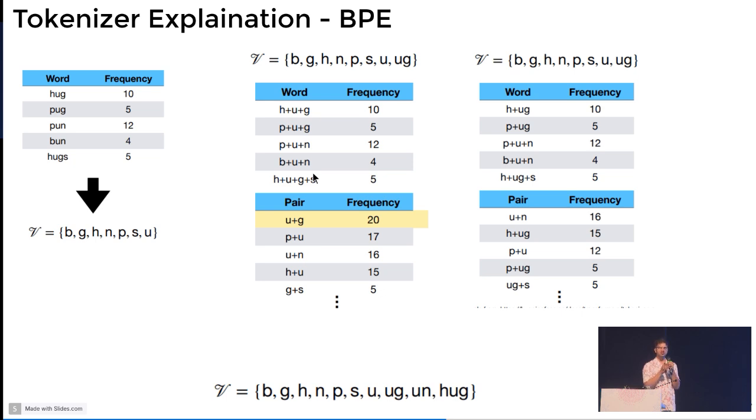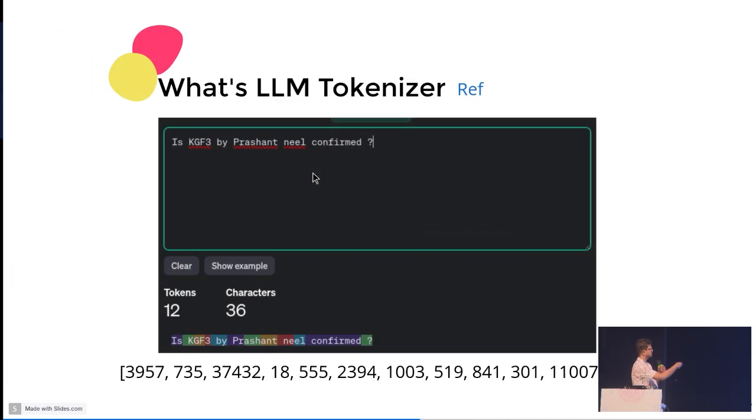When you have 50,000 elements in your vocabulary, you stop. Each element in that vocabulary gets one number, which starts from 1. So B gets 1, G gets 2. This is what you see here. So 3957 is nothing but the ID.